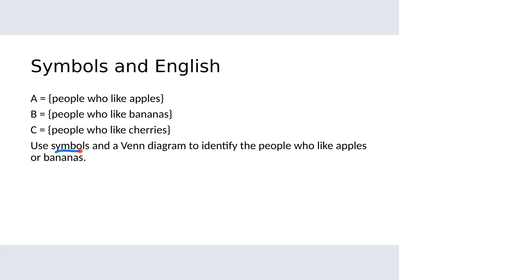We want symbols and a Venn diagram to identify the people who like apples or bananas. And basically, I'll just be a little patient here and give you a chance to try it.